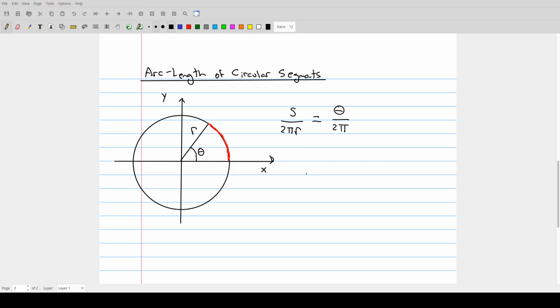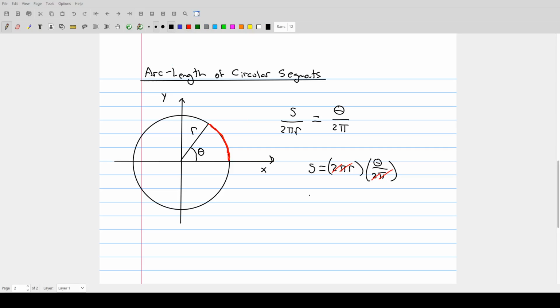But if we take this equation and we solve for s, we end up getting that s is equal to 2 pi r times the ratio theta over 2 pi. And this 2 cancels with this 2, this pi cancels with this pi that we're dividing by.